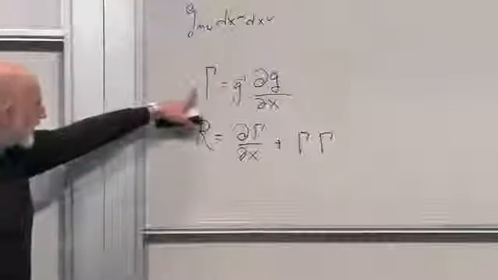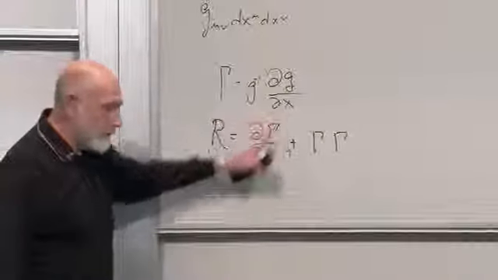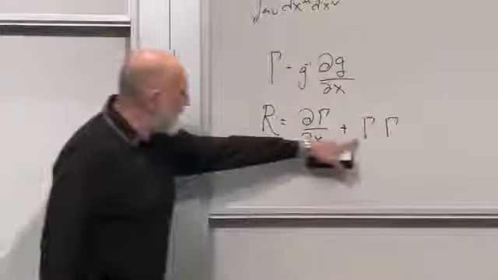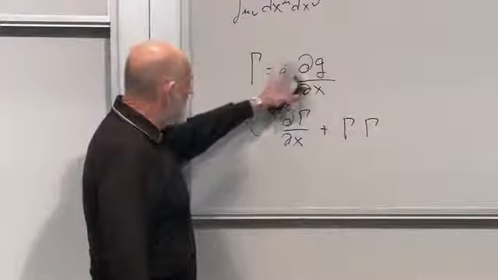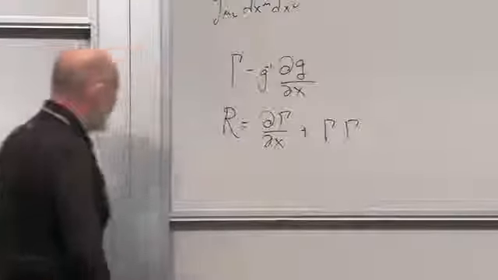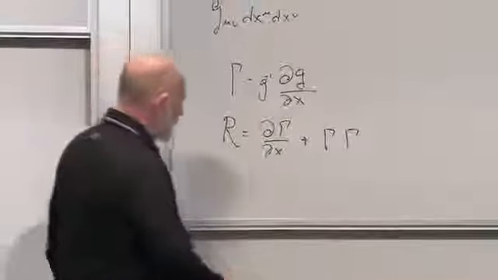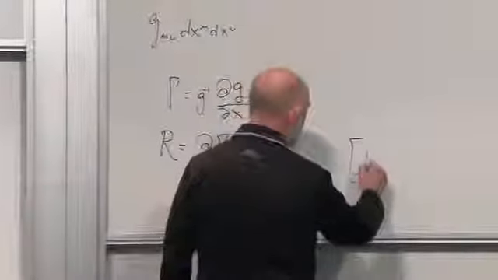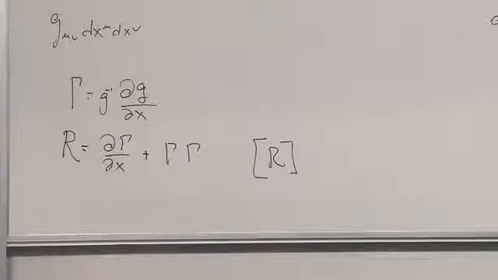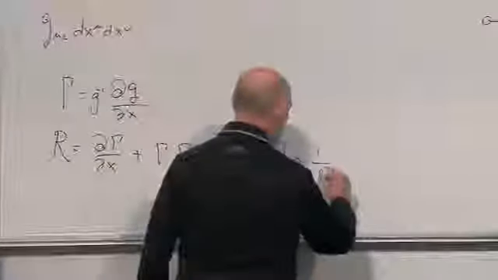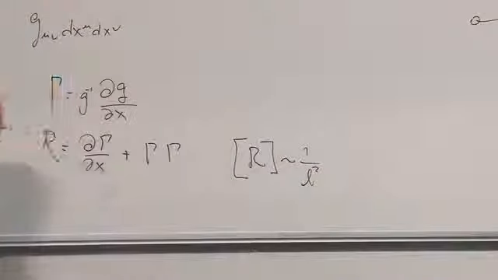If I differentiate the Christoffel symbol, which already has units of 1 over length, then this has units of 1 over length squared. But so does this. If the Christoffel symbol has units of 1 over length, then the square of the Christoffel symbol has units of 1 over length squared. So the units of the curvature tensor, usually written with the square bracket standing for units of, are 1 over length squared, 1 over meters squared.